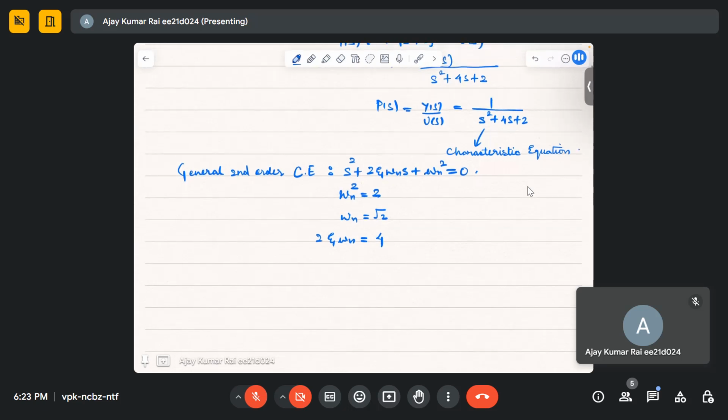Let me mark it with a different pen. This is equation 1: s square plus 4s plus 2 equal to 0.